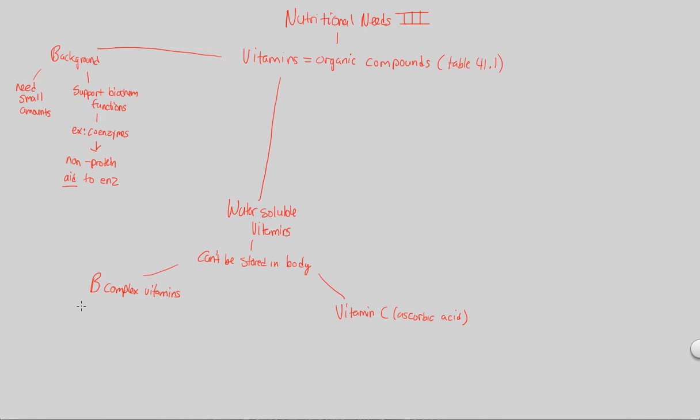Two B-complex vitamins of note to us are B3, and this is otherwise known as niacin. Niacin as a vitamin, or B3 as a vitamin, is going to be a coenzyme that will be a physical part of both NAD+ and also NADP+.